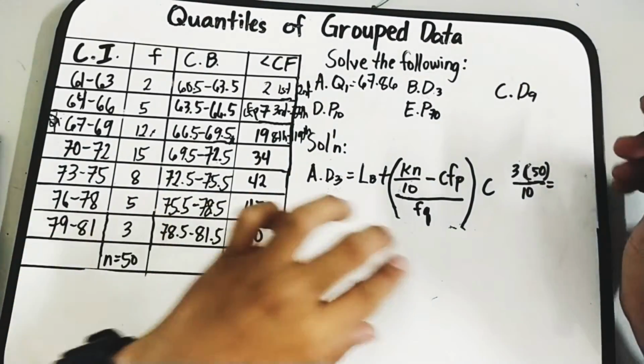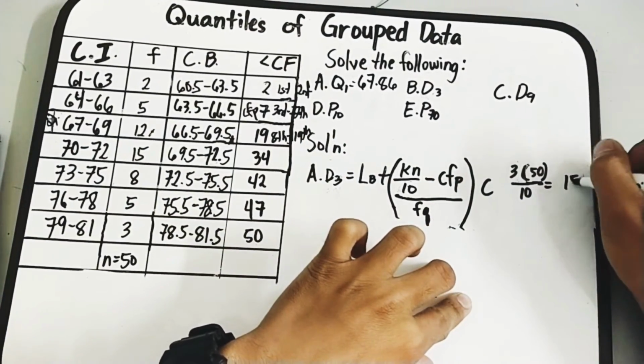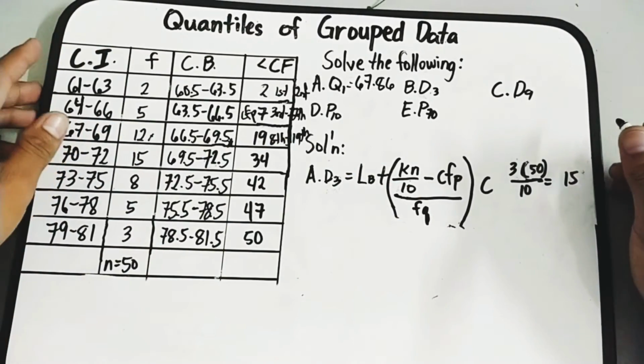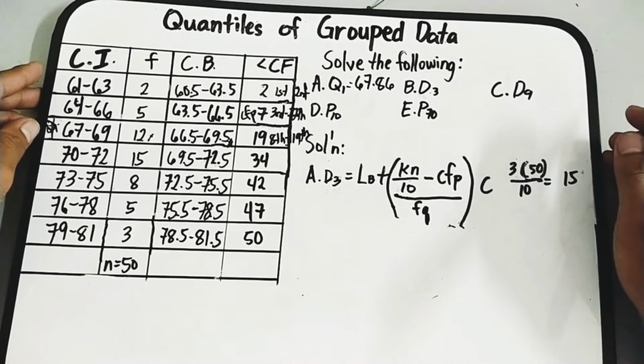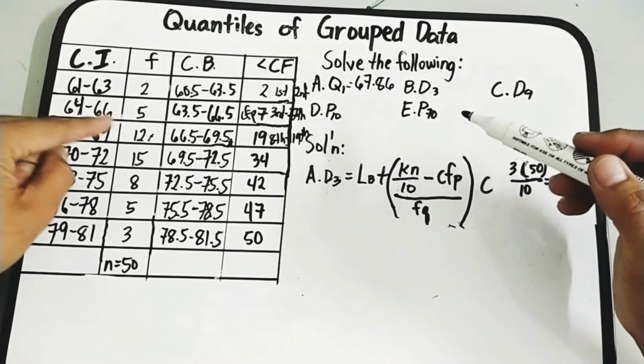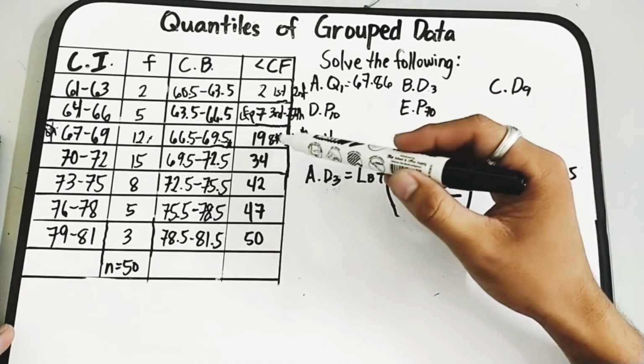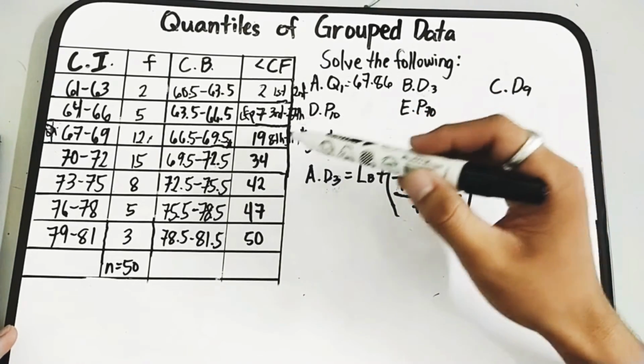Okay. We have 15. So, ibig sabihin, ang hanapin natin ay yung pang 15. Saan ba yung positioning ng pang 15 score? Andun din ba siya sa una nating sinolve? Okay. Same lang sila kasi nga 8 to 19 yung sakop nito.